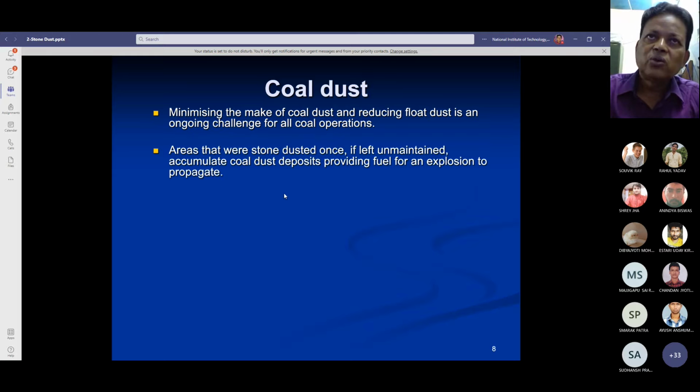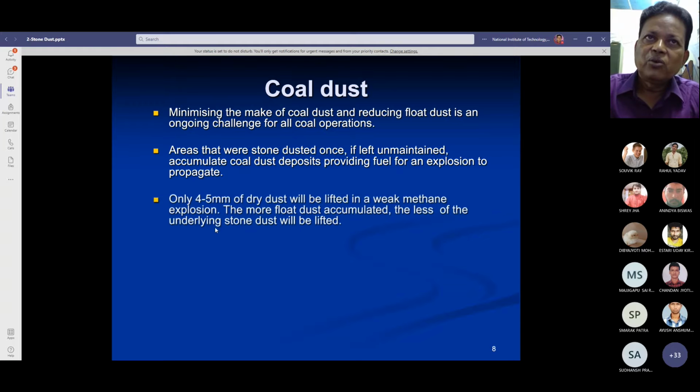Areas that were stone dusted once, if left unmaintained, accumulate coal dust deposits, providing fuel for an explosion to propagate. Only 4 to 5 millimeters of dry dust will be lifted in a weak methane explosion. The more float dust accumulated, the less of the underlying stone dust will be lifted.